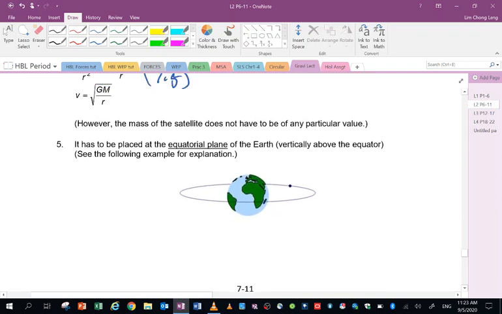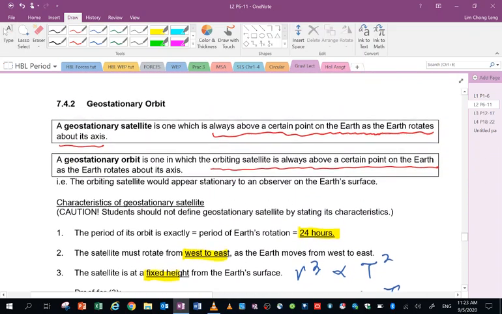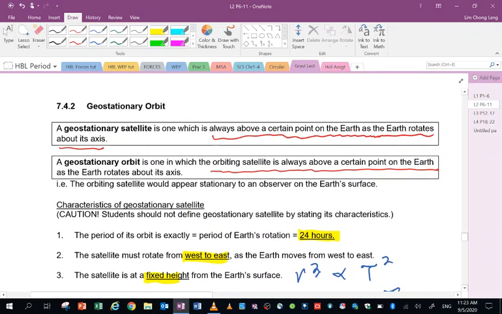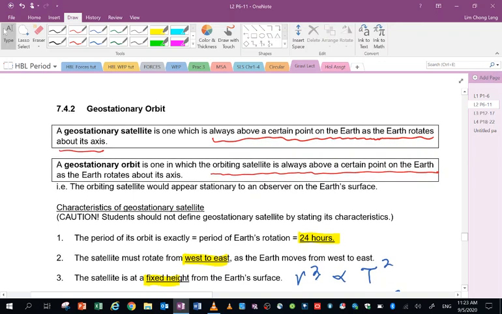Okay, last of all, there's a common mistake that I want to highlight. Whenever the examiner asks you to define what a geostationary satellite is, there is a tendency for students to give the characteristics of the satellite instead. This is wrong. You should not give the characteristics of the satellite.